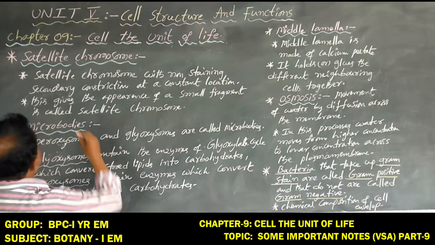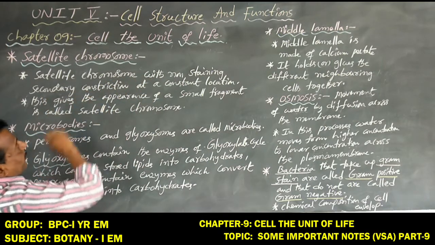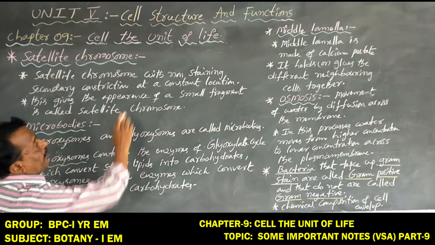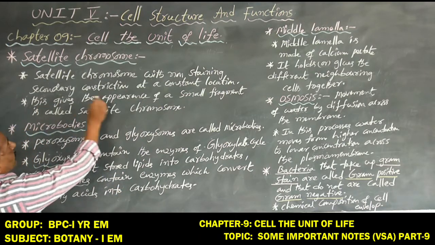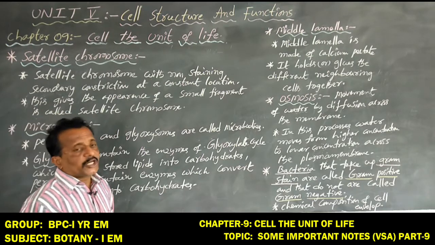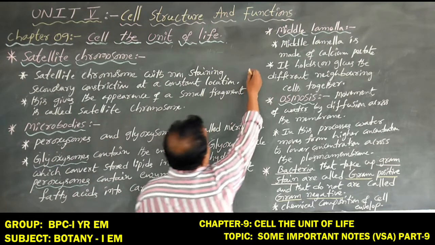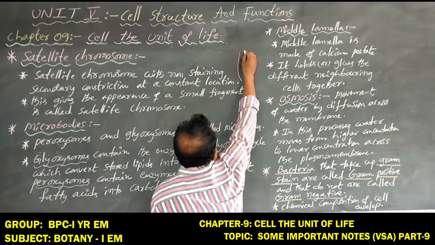Dear students, a satellite chromosome has a non-staining secondary constriction at a constant location, and this gives the appearance of a small fragment, which is called a satellite chromosome. So this is a chromosome.